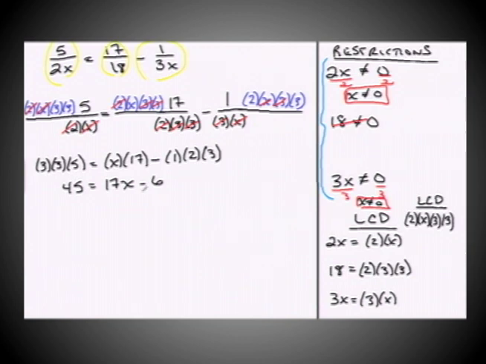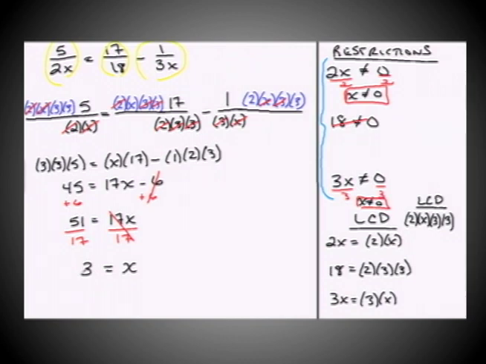So I begin unpacking everything that's hanging on to that x to isolate the variable. So first I'm going to add 6 to both sides to get that negative 6 away from the variable. And this is 51 equals 17x. And now I divide both sides by 17. And I am left with x is 3.